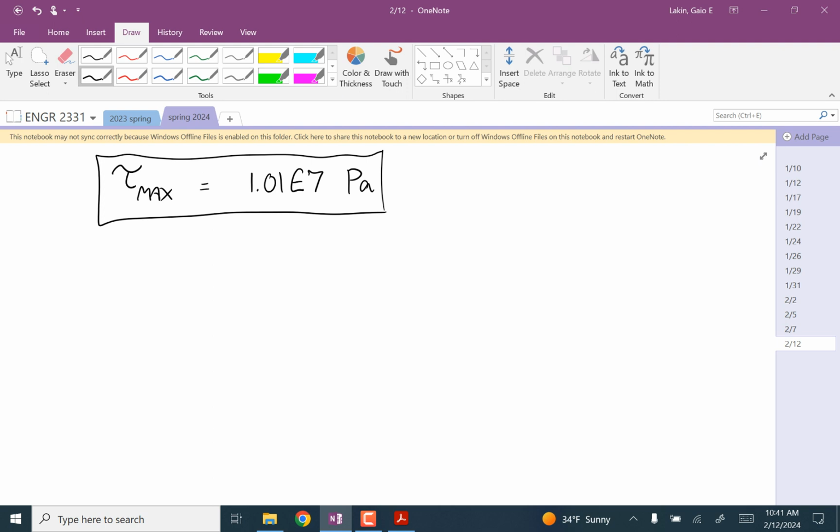So the other type of pressure vessel is cylindrical. This is applicable for a lot of things like tubing or blood vessels or anything like that.